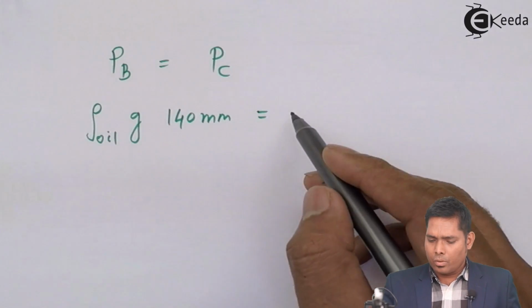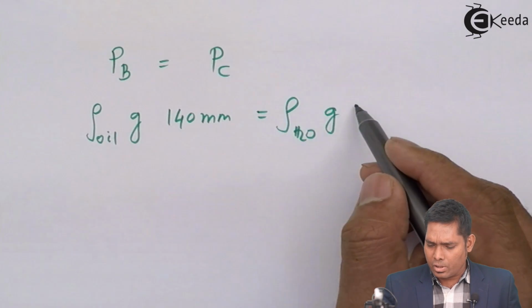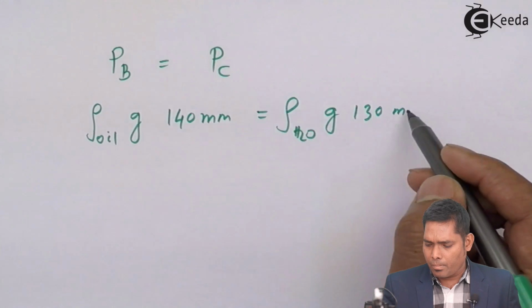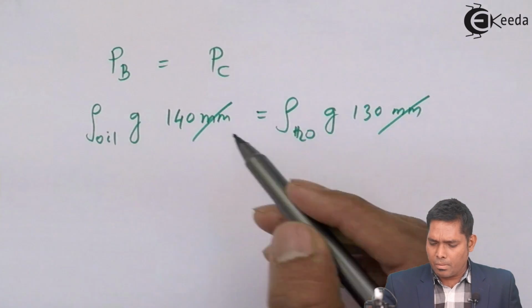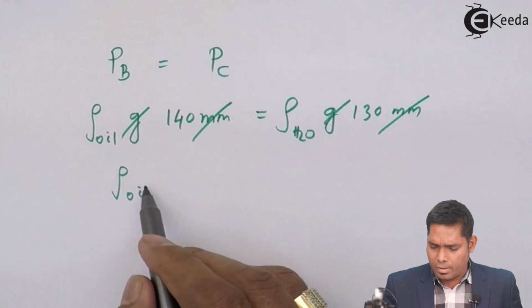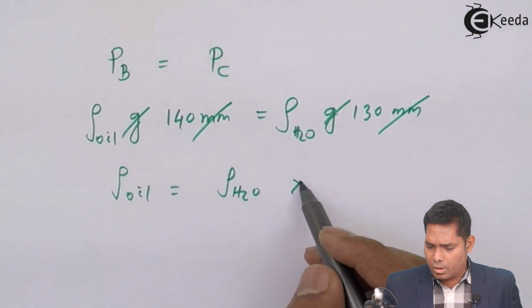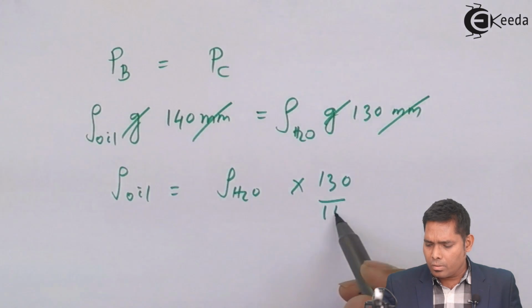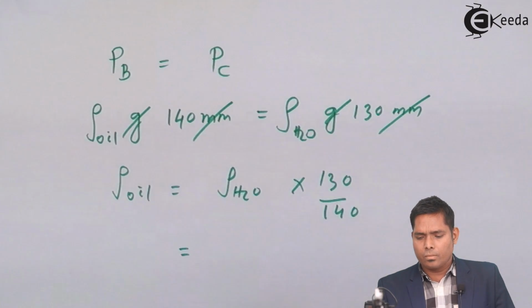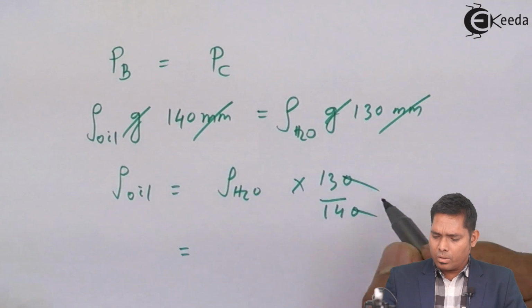So rho water g times 130 mm. This mm will cancel, this g will cancel. So density of oil is density of water into 130 over 140. This is what we're getting.